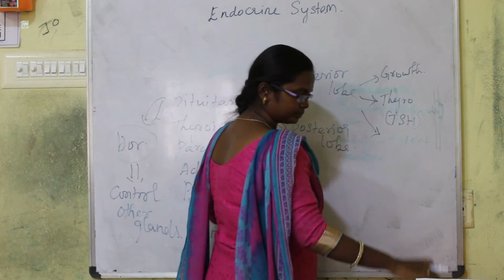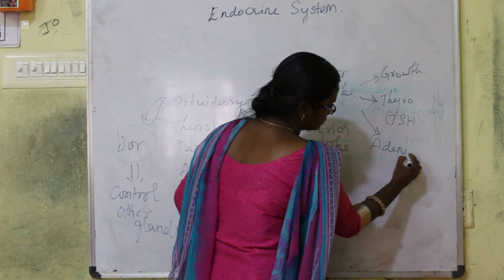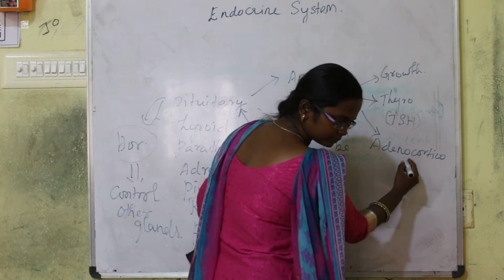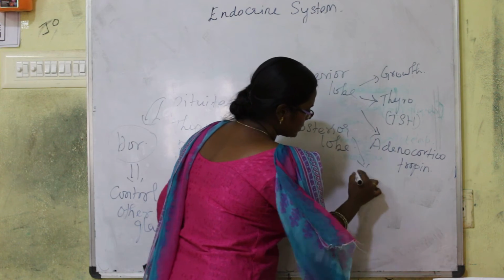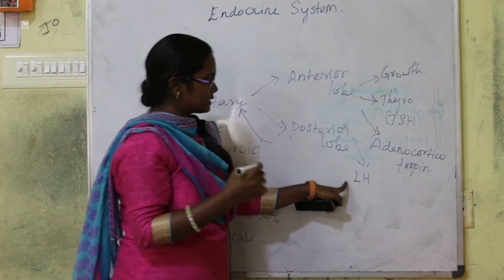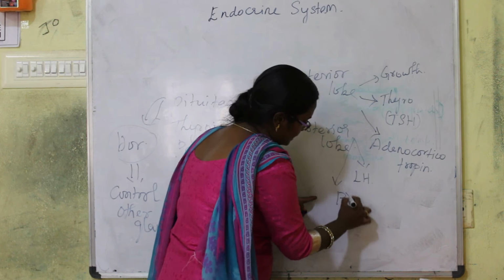Third one is adrenocorticotropic hormone. Fourth one is luteinizing hormone. It is used for sex hormone. And last one is prolactin.